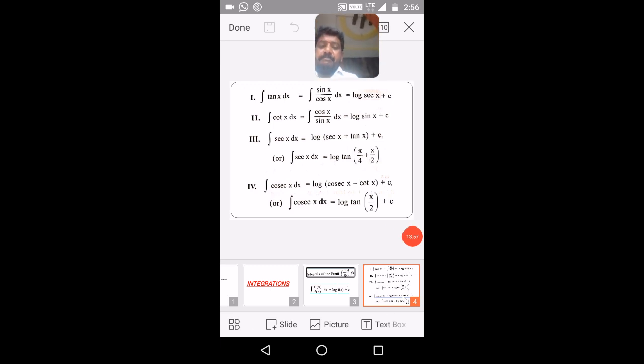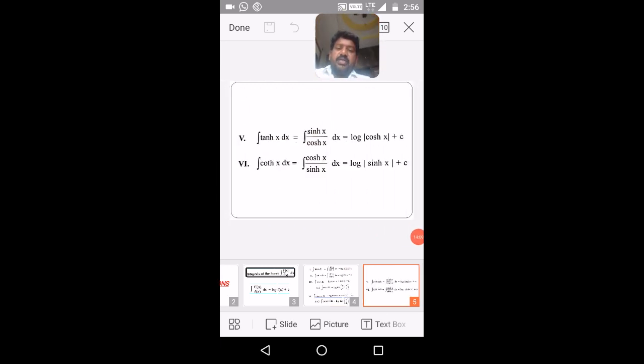Okay, so going to the next slide, similar things. The integral of tanh x dx: tanh x is sinh x by cosh x, and the derivative of cosh x is sinh x, so it is in the form of the integral of f dash x by f of x dx, which is log f of x, that is log cosh x plus c.